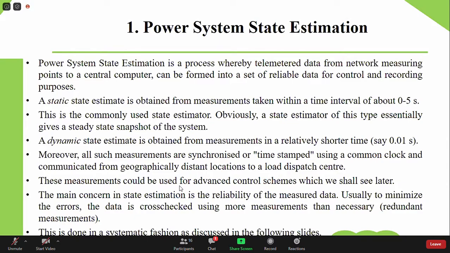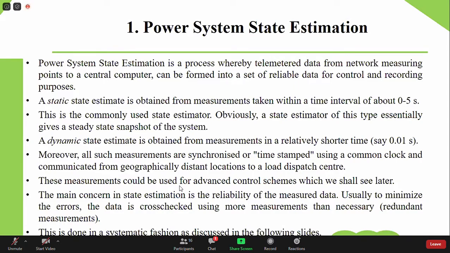You do not specify exactly, but within 0 to 5 seconds you should get that. Whereas in dynamic, it is 0.01 seconds, or 20 milliseconds: within that time, I have to have the transmission line data.